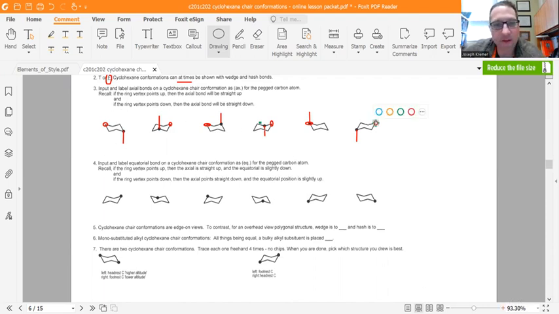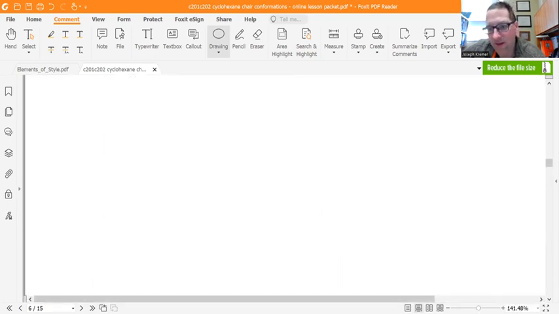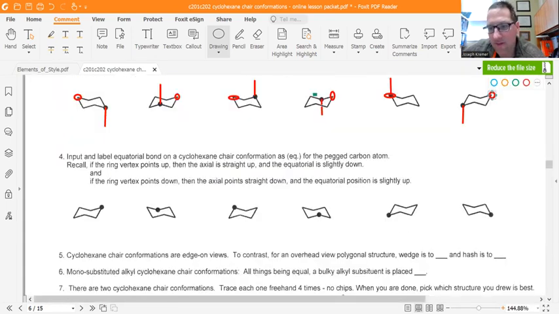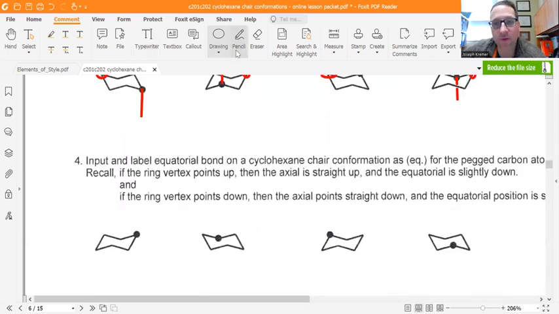Let's zoom in. And now we're supposed to, on this very clever handout that I made of my own design, input equatorial bonds. If you remember, we have to put the axial in first and then put the equatorial in last. Let's just go across here and put in the axial. So you have a little break there because that's in the back.